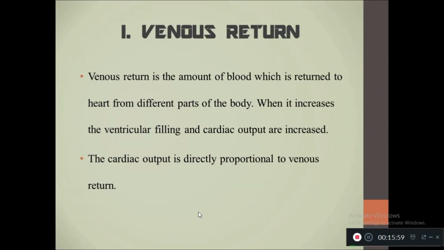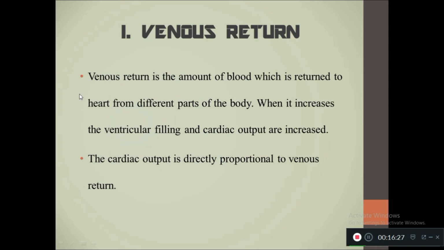First one is venous return. Venous return is the amount of blood which is returned to the heart from different parts of the body. When it increases, the ventricular filling and cardiac output are increased. By the name, it is the return of venous blood. Venous return means the amount of blood that comes to the heart from the inferior vena cava and superior vena cava.